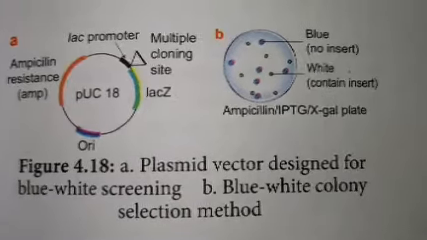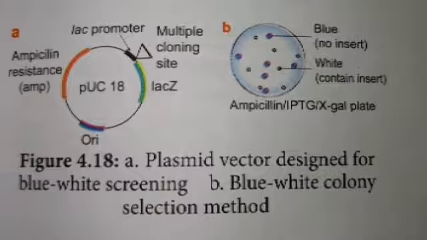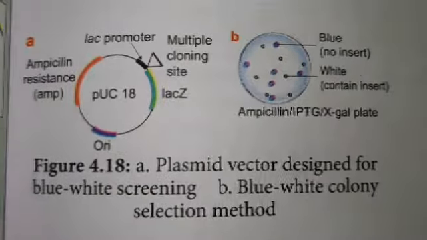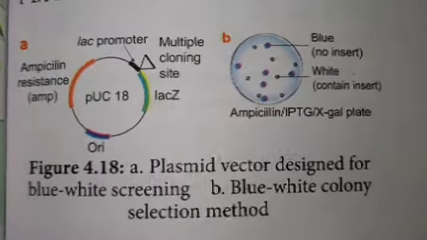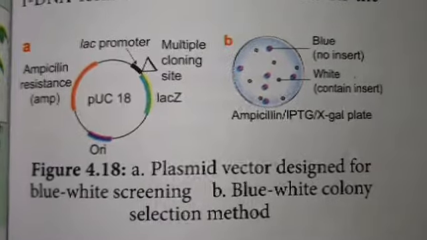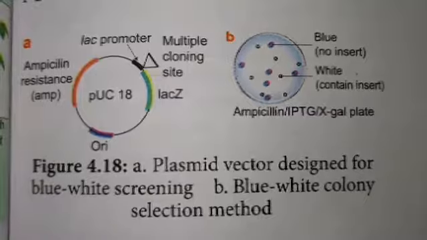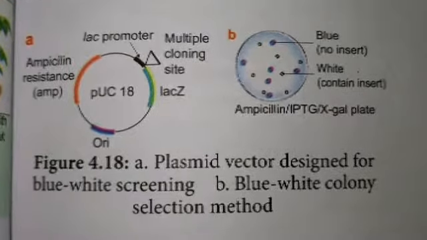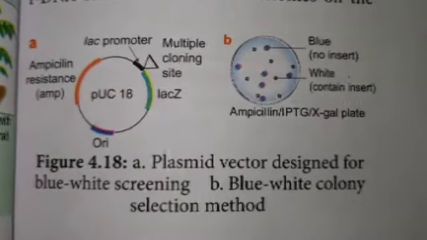Therefore the host cells containing rDNA form white colored colonies on the medium containing X-gal, whereas the cells containing non-recombinant DNA will develop blue colored colonies. On the basis of the colony color, the recombinant can be selected.